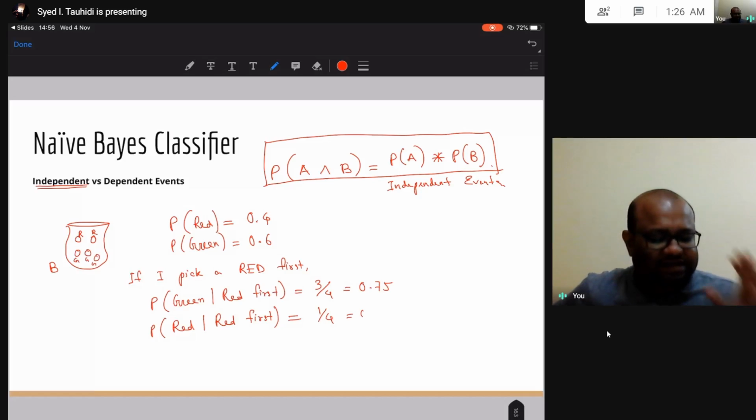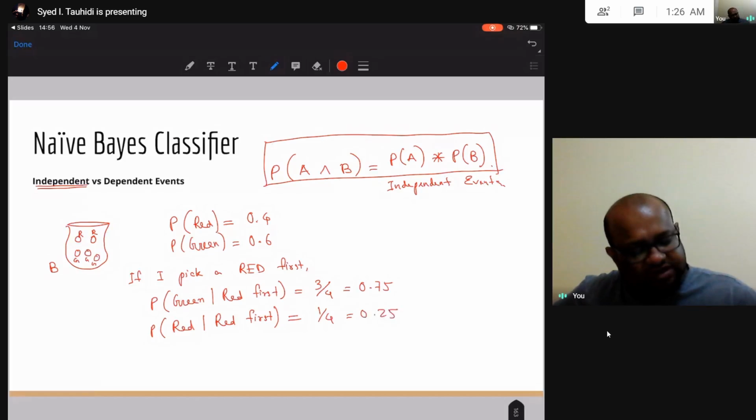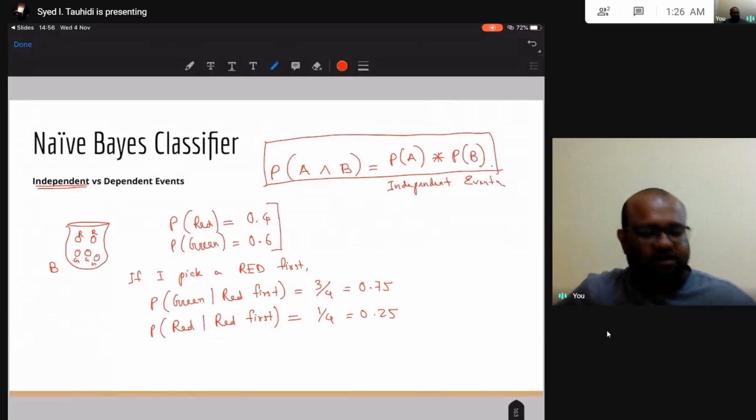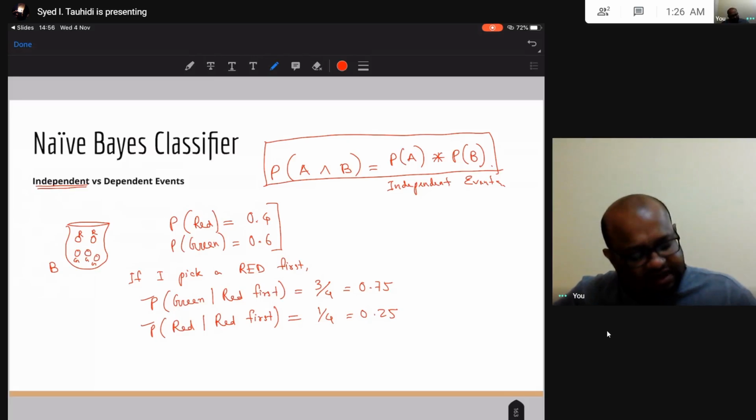See, things have changed. This was my initial probability. After I made one action, my second probability has changed. This was not the case in the case of independent events. Here my second event is dependent on the first event. Say instead of picking red first, I pick green first, then what is the situation going to be?